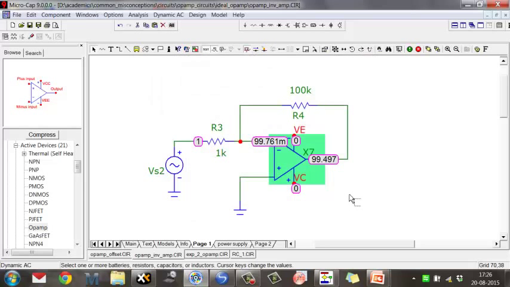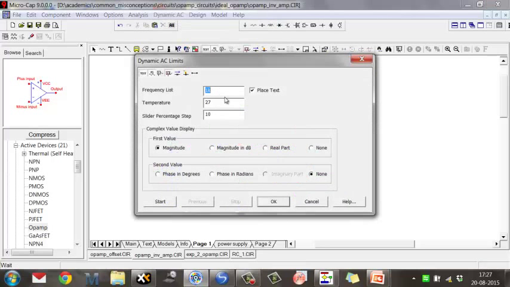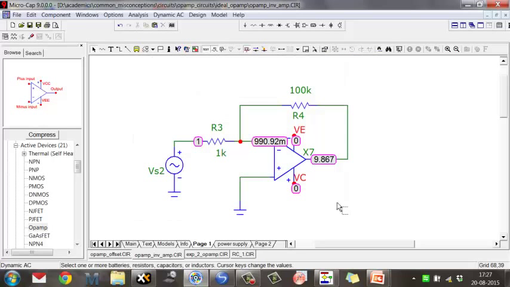And at 1K, I'm getting 99.497, which is pretty good. Okay, dynamic AC limits. Let's run it at, say, 100K. 9.8.